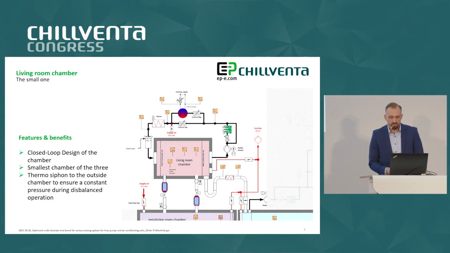The living room chamber. We will have a closer look at the three chambers and the technical relation now. We will start with the smallest chamber, the living room chamber. The air is moved in a closed loop via a radial blower. We have air distribution plates at the inlet and outlet side of the chamber for uniform airflow. The temperature regulation units and the humidity regulation are outside the chamber.